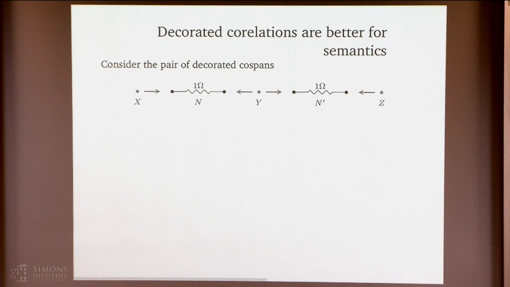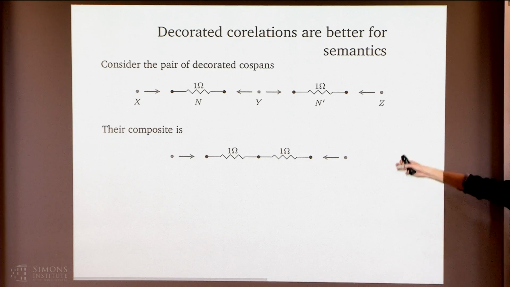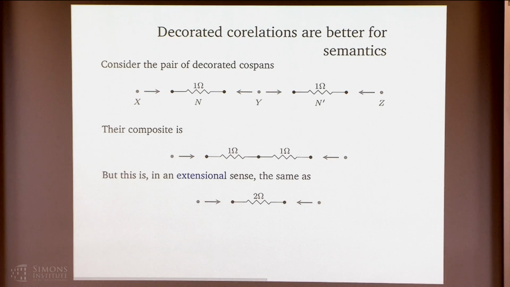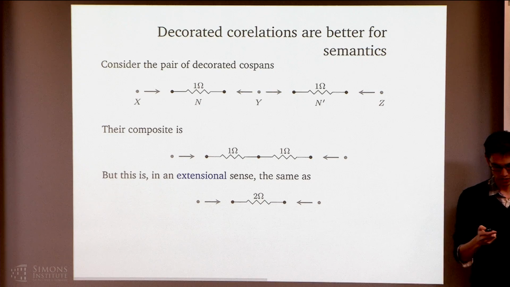So let me give you an example. If you consider this pair of decorated cospans or open circuits, they're just two open 1 ohm resistors, then their composite is, as this decorated cospan, two 1 ohm resistors in parallel, in series. But in some sense, this is equivalent to a 2 ohm resistor.